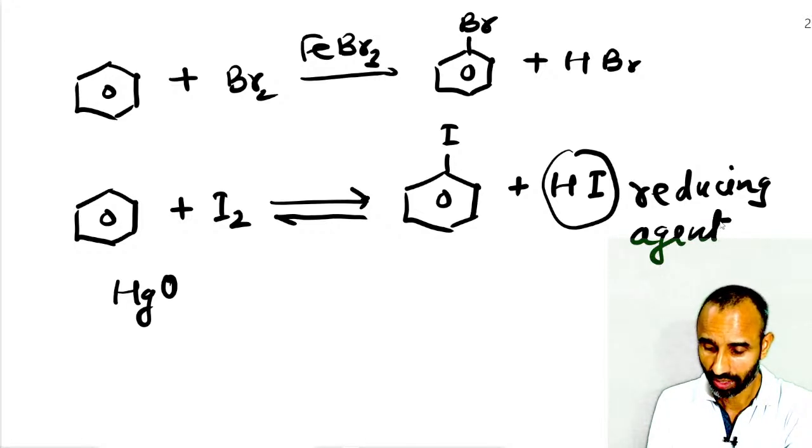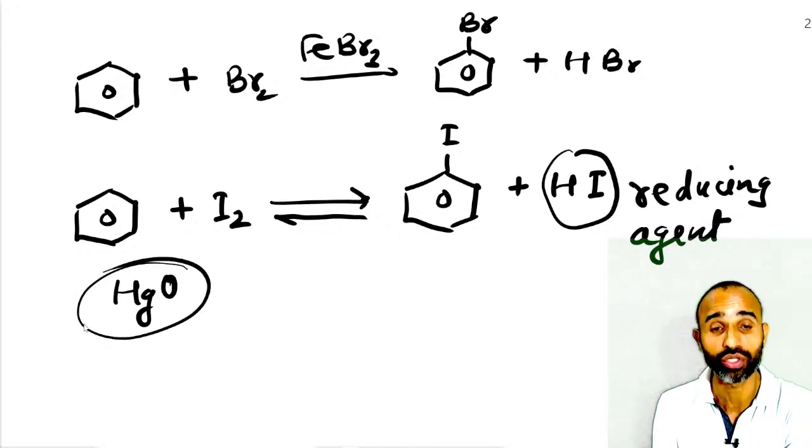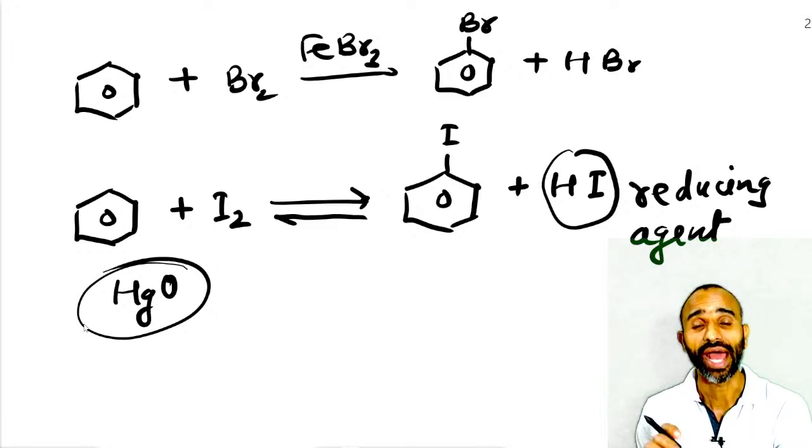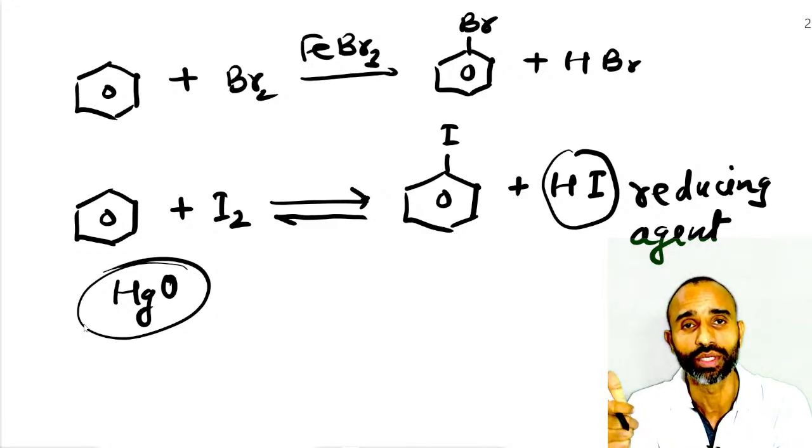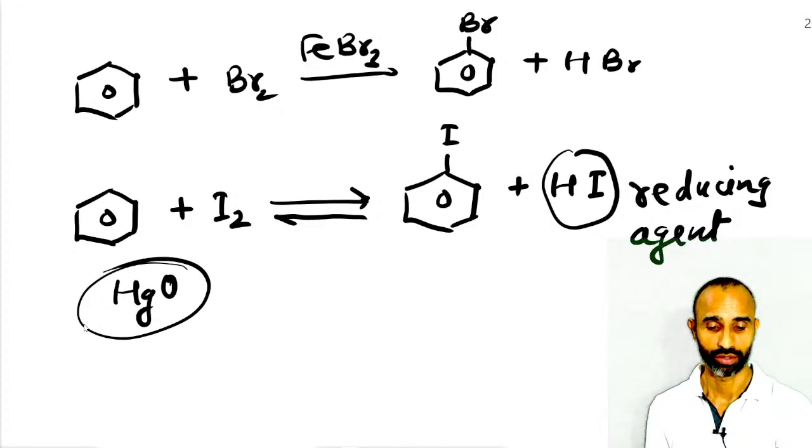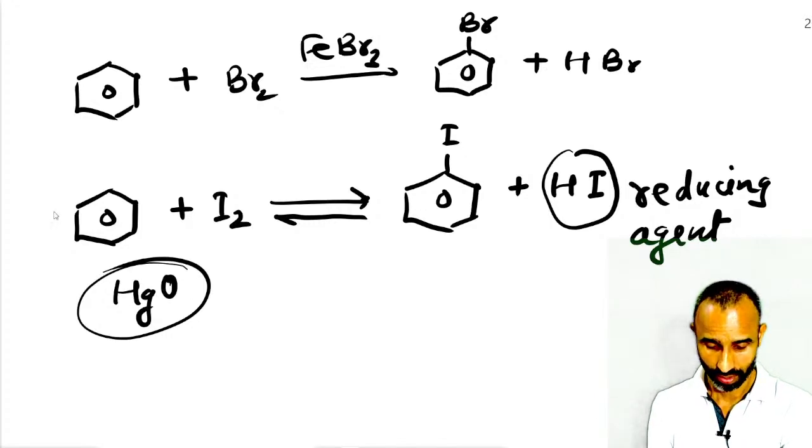So in this case, we have to use some oxidizing agent so that as soon as this HI is formed, it should be removed from the reaction mixture. Okay, so that's all about this reaction.